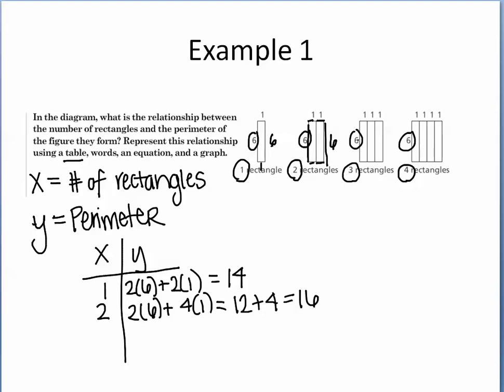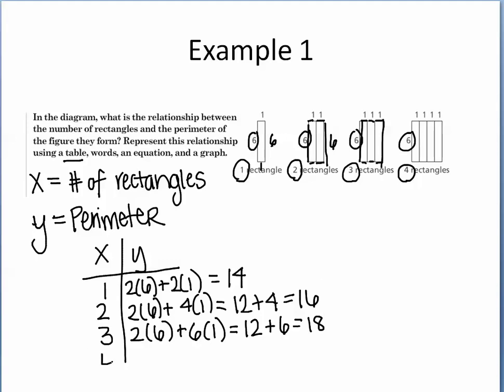Then we have 3 rectangles. So we have a 6 here, a 6 here. So we have again 2 6s. And then we have how many ones? 1, 2, 3. And then there's 3 more on this side. 4, 5, 6 ones. So that gives us 12 plus 6, which is 18.